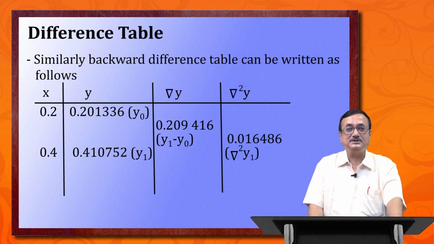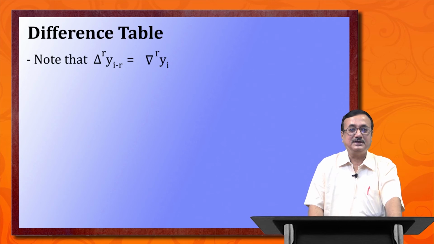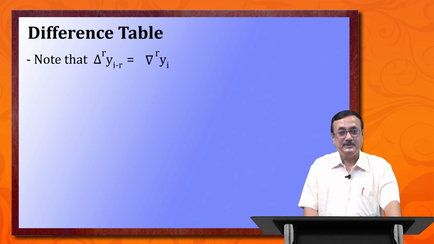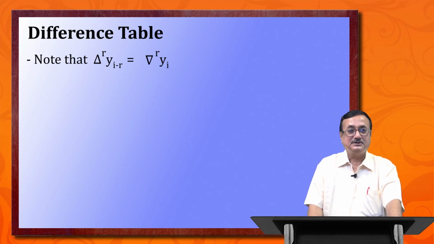Similarly, delta square y0 is obtained from these two first order differences. You may note the relationship between the backward difference and the forward difference: the forward delta of rth order operated on y(i minus r) is nothing but the rth order backward delta operated on yi. This is the important relationship between the forward difference and the backward difference.